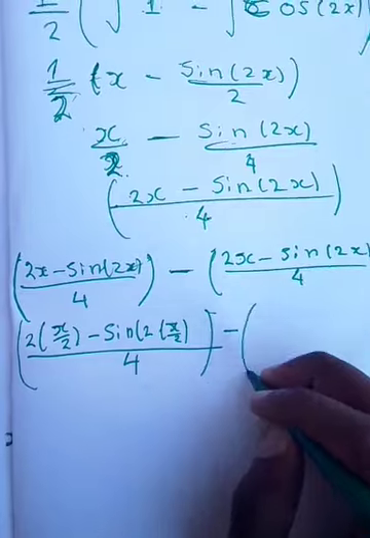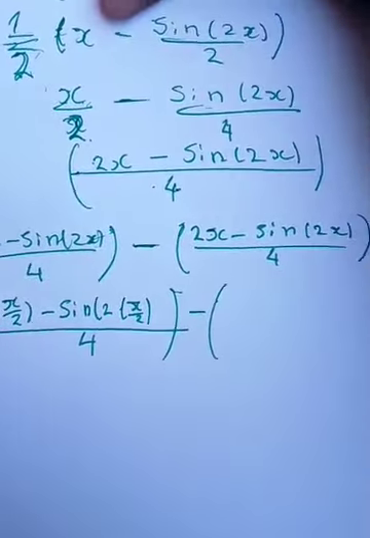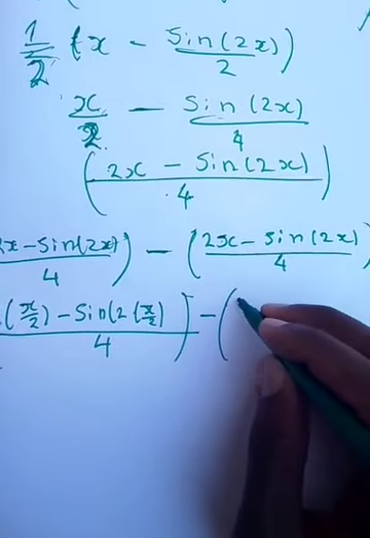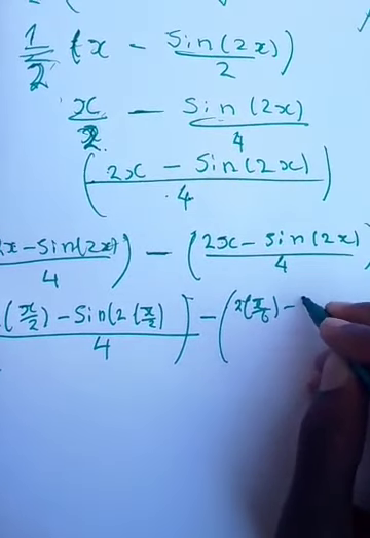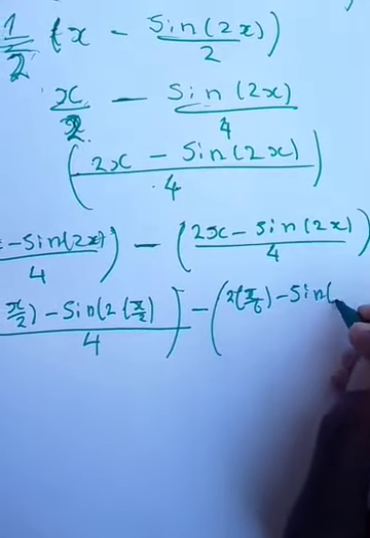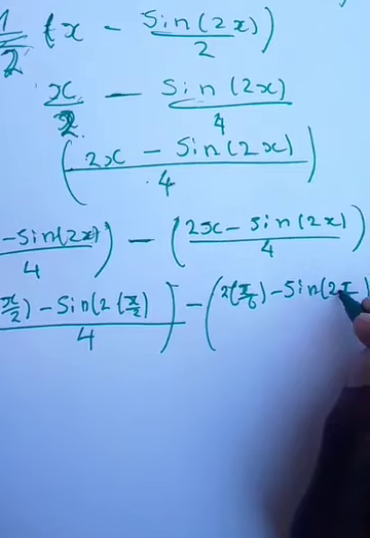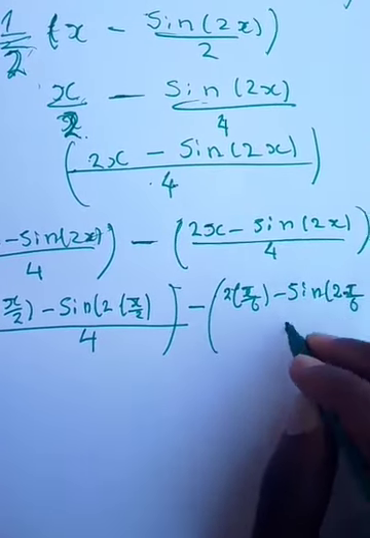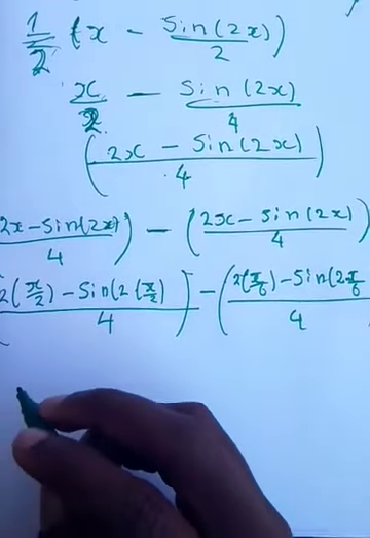Then we come to this one. Here I'll put the lower limit, which is pi over 6. So it's going to be 2 pi over 6 minus sine 2 pi over 6. This times, guys, like they're multiplying. Then over 4. Then you now start simplifying.